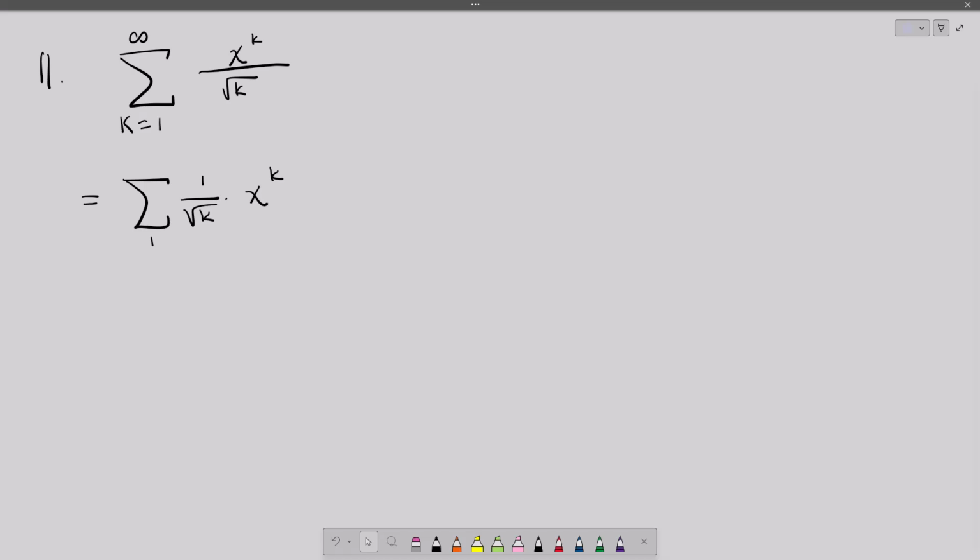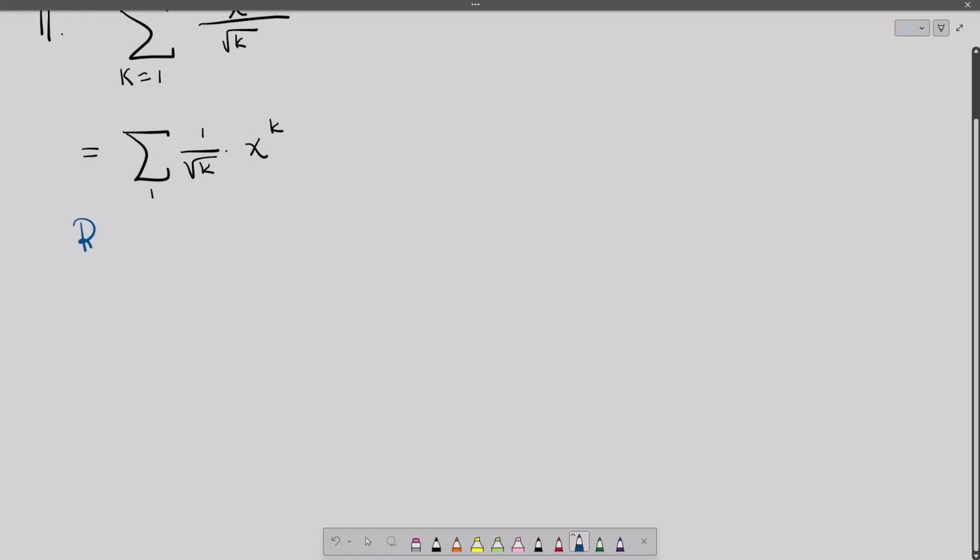If you were to take the kth root of that, sure, no problem. But then the kth root of the square root of k, you can do it if you're careful, but my recommendation is just go with the root test only if there's a power on the outside of everything. So here we're going to go ratio test.